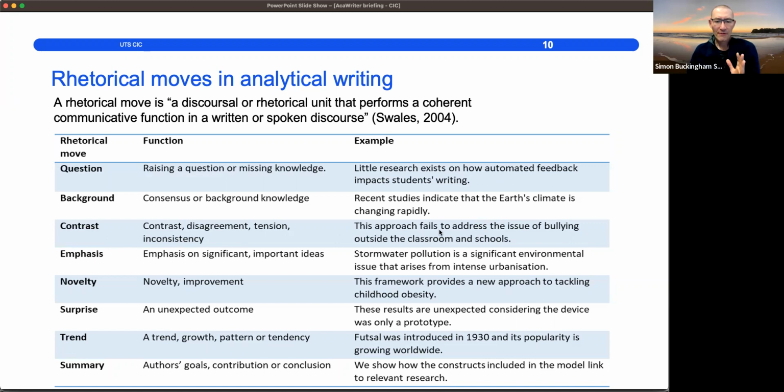This approach fails to address the issue of and so on. And you have to learn how to use language to make these moves. You can't just say, Bloggs is an idiot, Green knocked him out of the park in 2025. You have to make these moves using the appropriate linguistic constructions. That's what we need the students to learn.